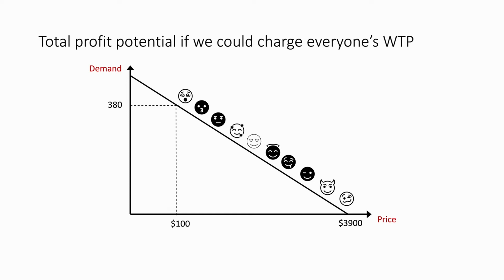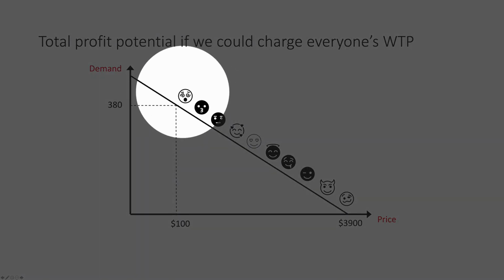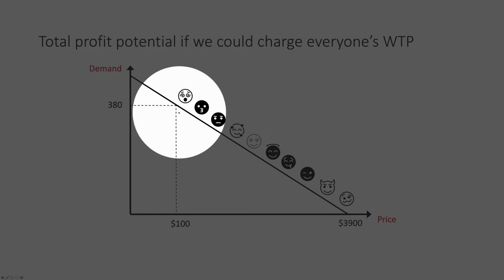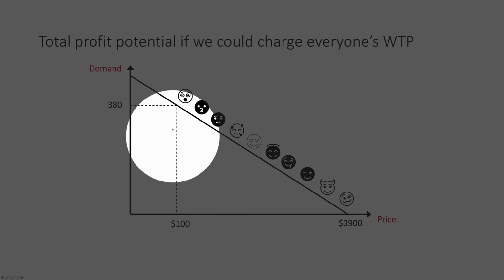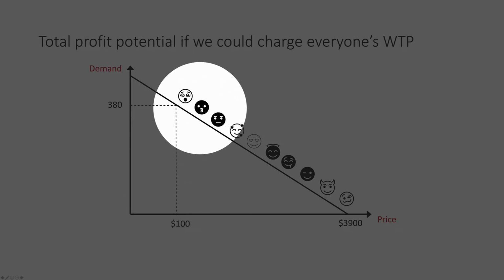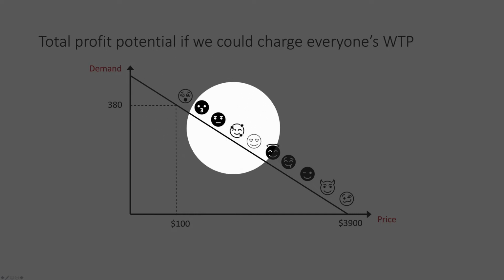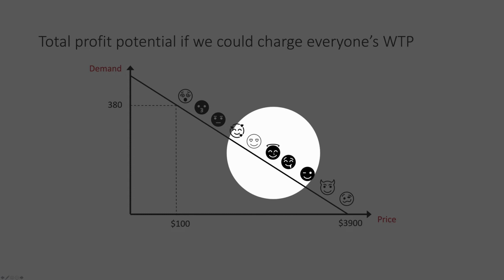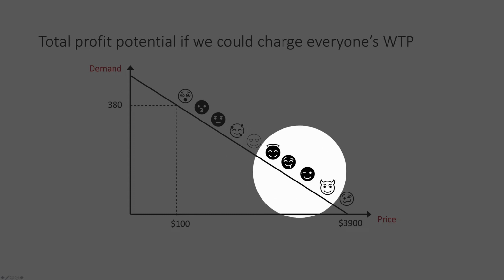So, the demand curve represents all kinds of customers with different willingness to pay levels. If we could charge each one of them their willingness to pay, it means we charge this customer close to $100, and we charge this customer higher than $100. Each customer receives a different price.